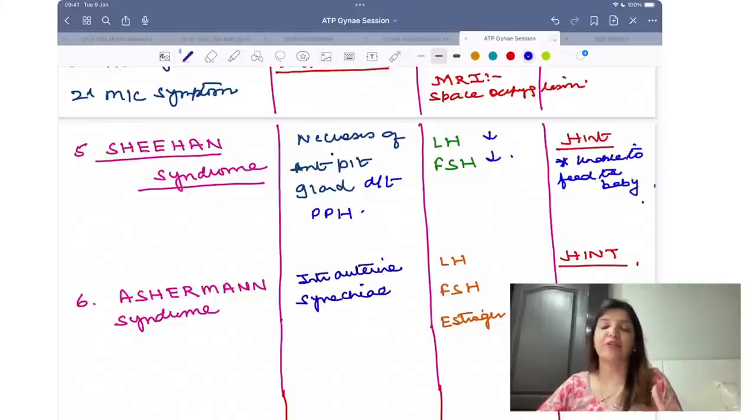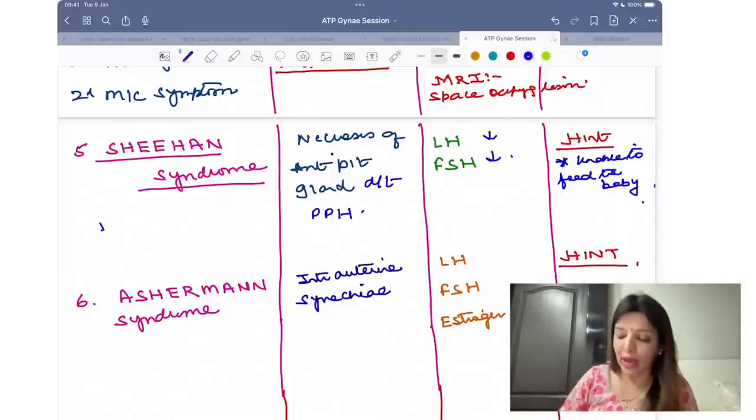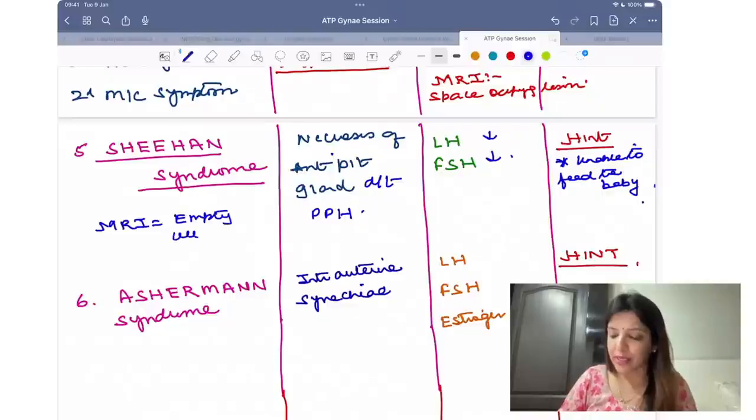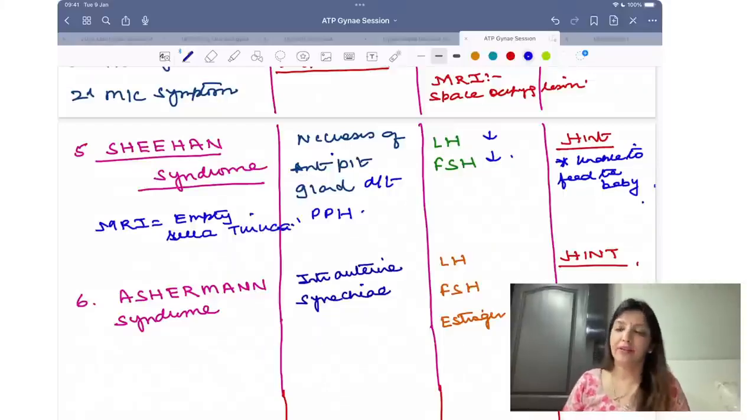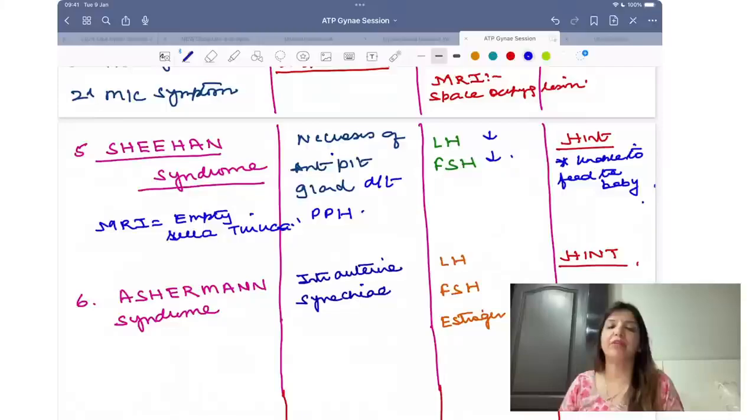Then I come to know that it is Sheehan syndrome. On MRI, I am going to get empty sella turcica. Inability to breastfeed the baby is the complaint with which a patient of Sheehan syndrome will come to you.